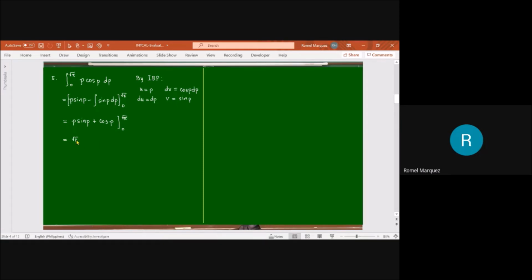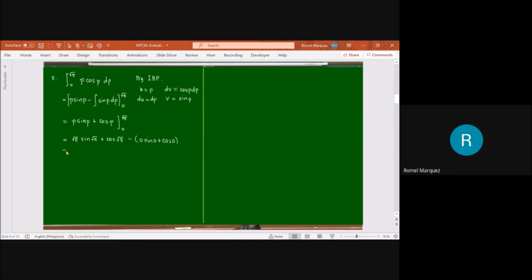So square root of pi sine of square root of pi plus cosine of square root of pi minus, what about the value of this when p is 0? 0 times cosine 0, sine 0 plus cosine 0.